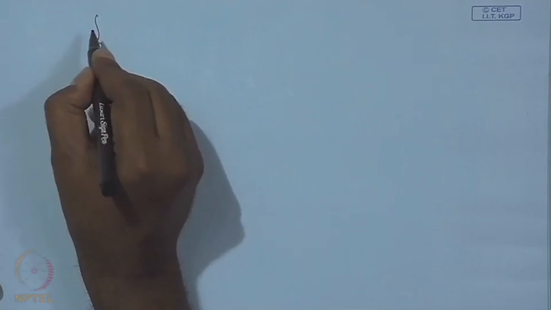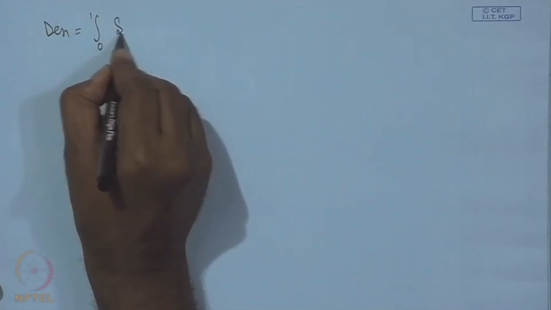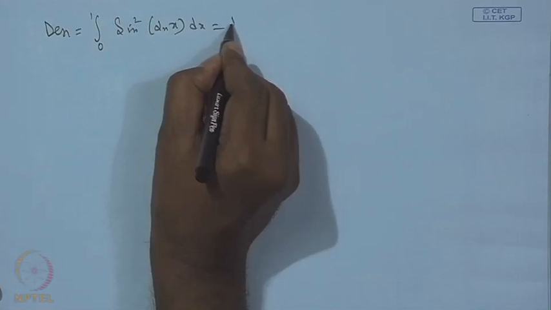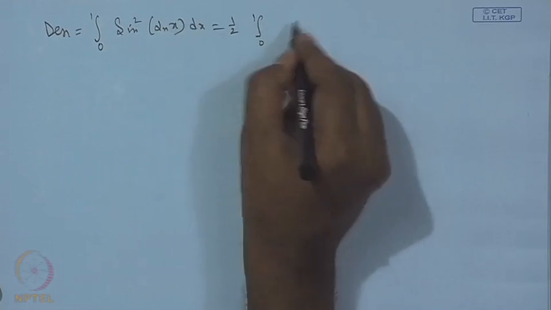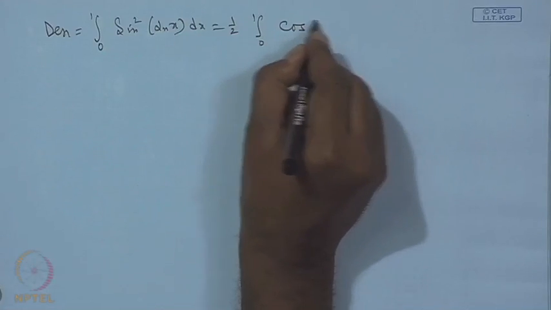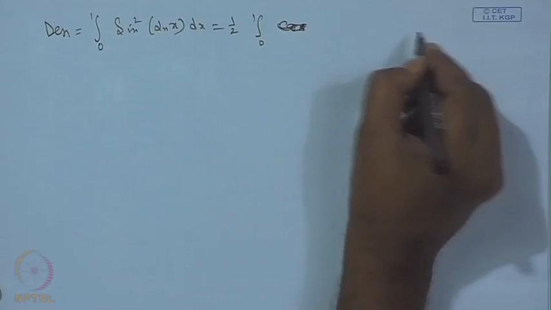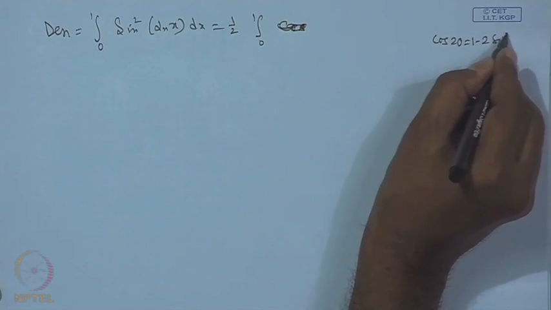First we evaluate the denominator. The denominator is integral 0 to 1 sin square alpha n x dx. So, it will be half integral 0 to 1 of 2 sin square alpha n x. Cos 2 theta is equal to 1 minus 2 sin square theta.